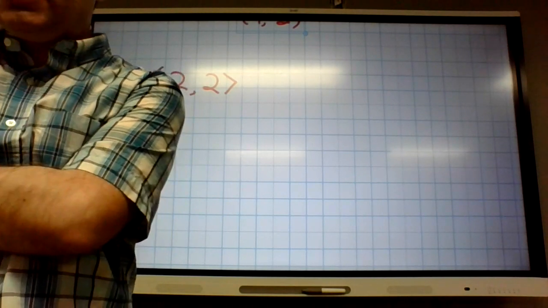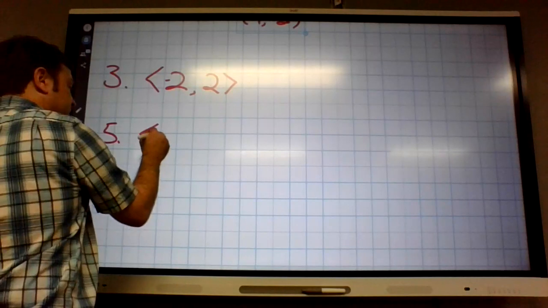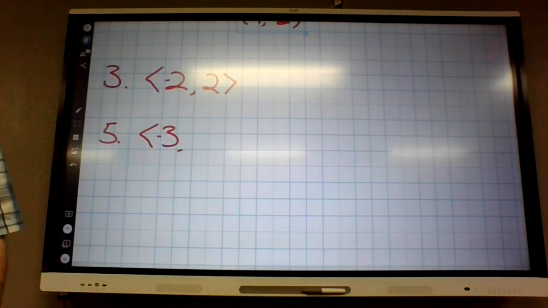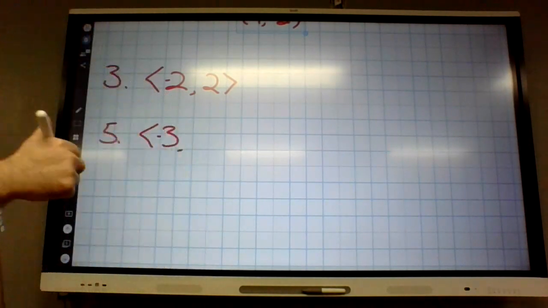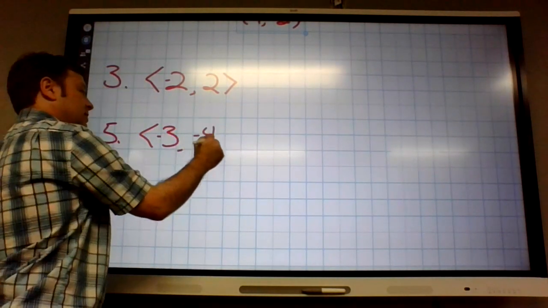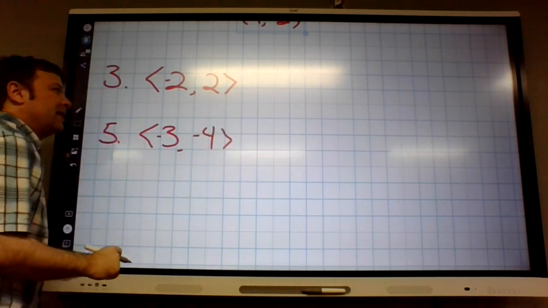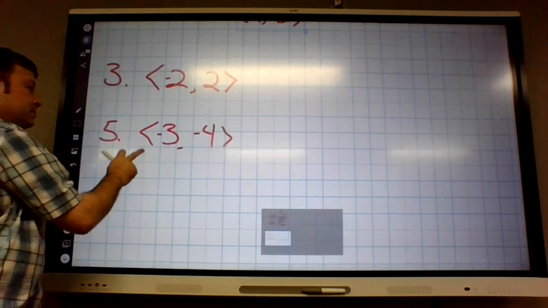It's moving left 3, so that would be a negative 3. And then how far are we moving up or down? Negative 4. Moving down 4, so that would be negative 4. All right, any questions on that part? The next 2 sections get kind of hard, and the last 2 sections are kind of easy. See if we make it or not.